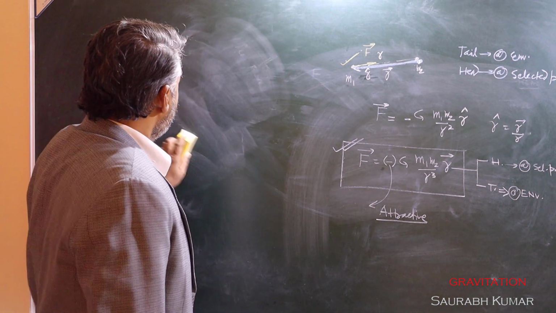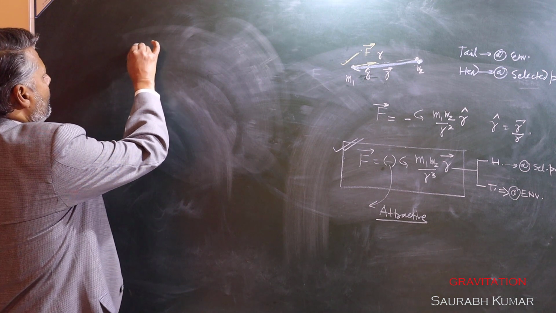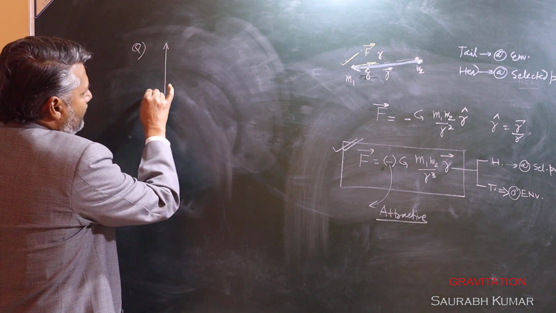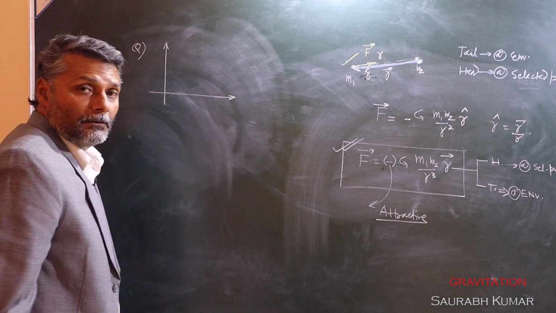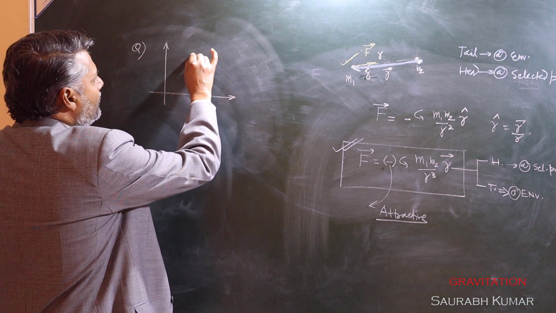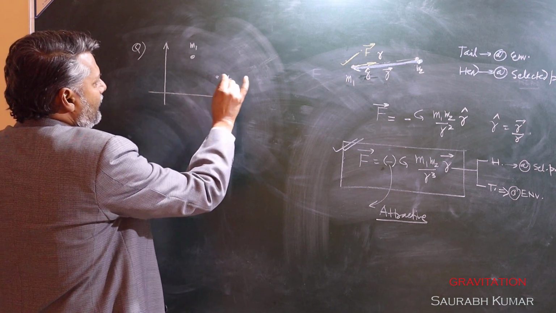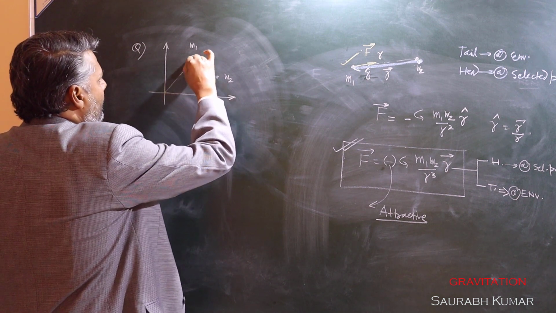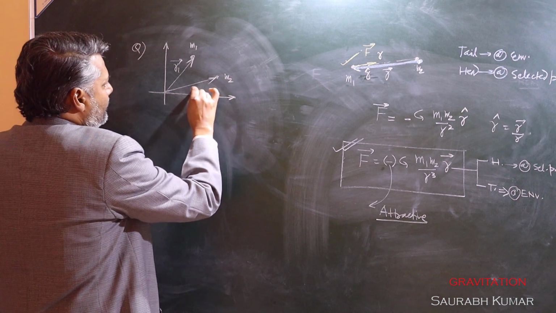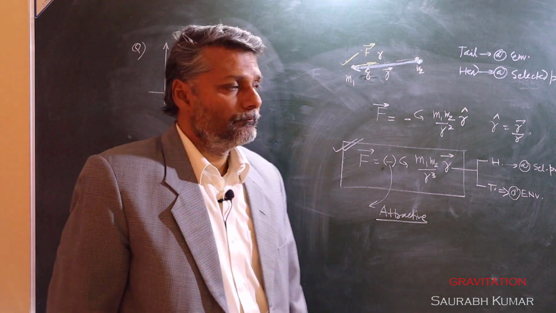Now, another form, let me put it in the form of a question. Suppose this is the x and y axis. You have two particles. Draw this diagram, M1 and M2. And the position vectors for M1 and M2 are given in that question: R1 and R2 are the position vectors for the two particles, M1 and M2.